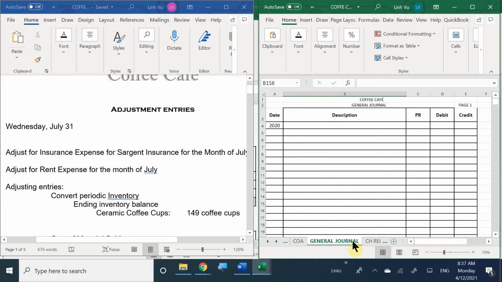The first thing is we need to adjust to reflect the insurance expense for Sargent Insurance for the month of July. So, like we've mentioned before, how do I recognize my insurance? How am I going to adjust my insurance for the month of July?